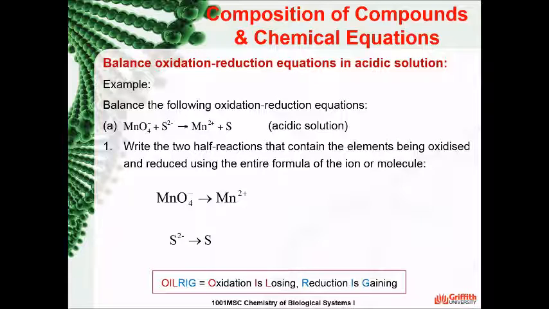Before we continue on the steps, let's calculate the oxidation number to determine which half will undergo oxidation and which will undergo reduction. As we did previously, MnO4- has a net charge of -1. Oxygen has a -2 charge, so Mn should be +7.